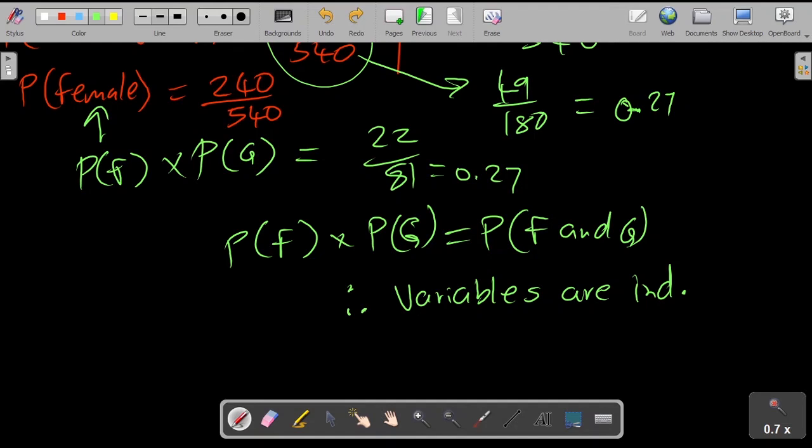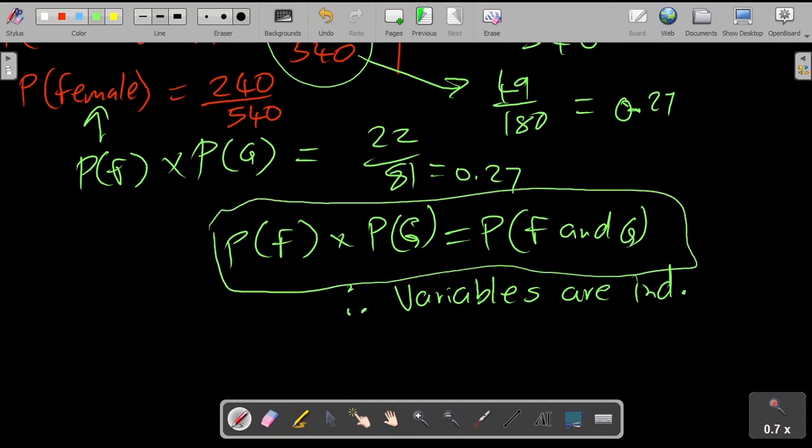And so the person who made the conclusion that the probabilities are independent was actually correct. So we found that this holds, and therefore the variables are independent. And that is how you basically do such a question, and that is the reasoning behind everything that we did. And this is how you check for independence.